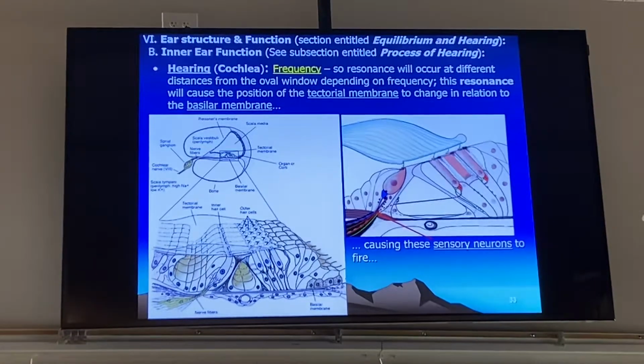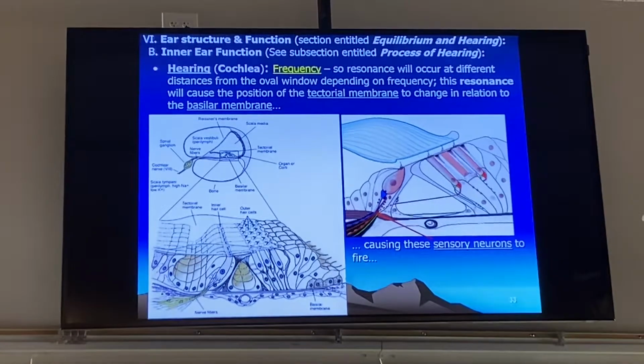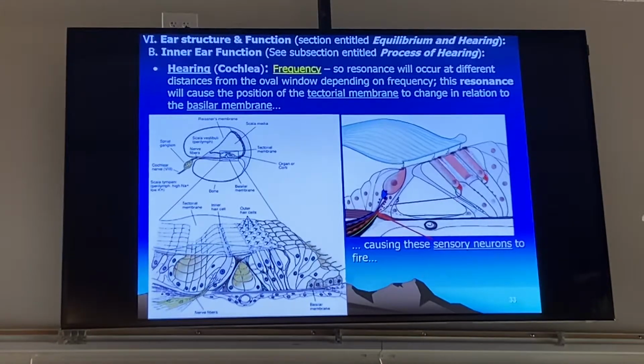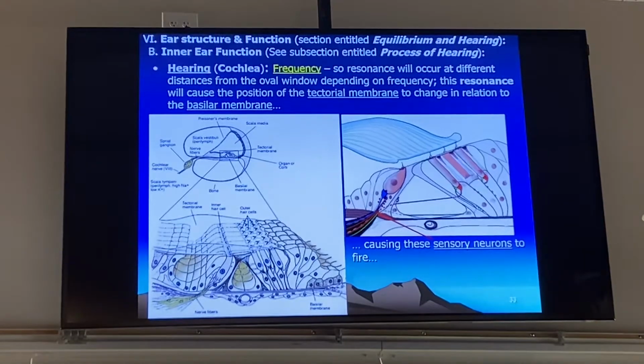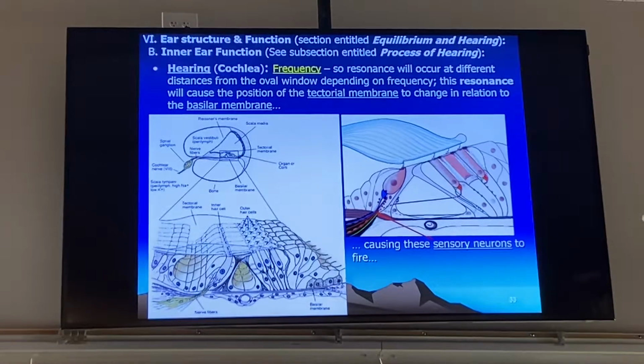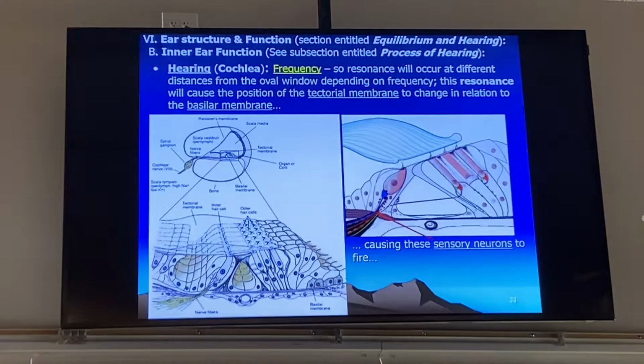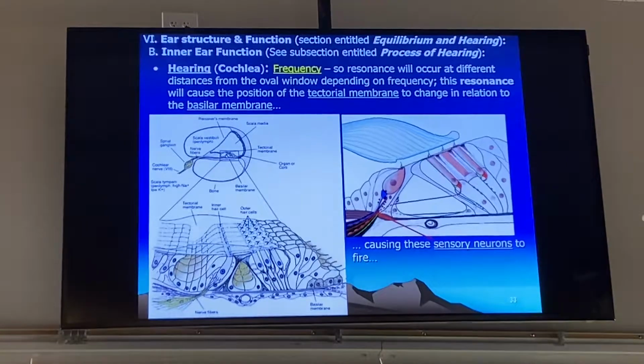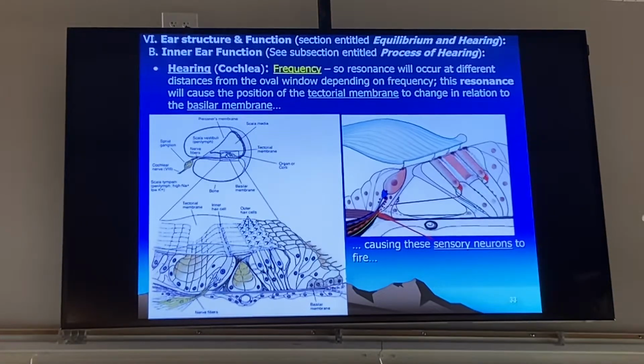The lower frequency sounds resonate at the apex, the helicotrema. And it's just what spot in the 2.5 turns does it resonate. And that's the different hair cells that are going to bend. If it's higher, the hair cells bend closer to the oval window. If it's lower, the hair cells bend closer to the apex. That's the only reason why you can tell the difference between notes.